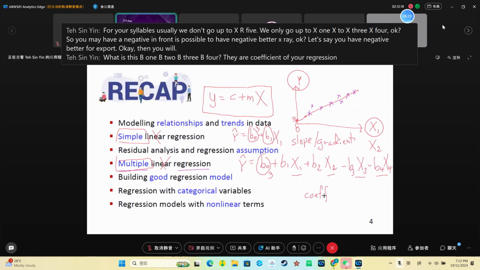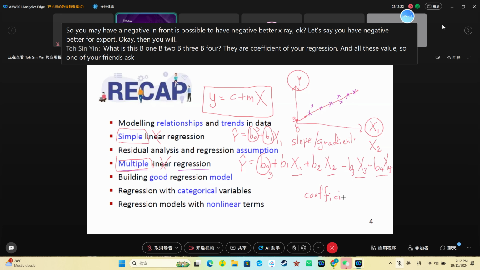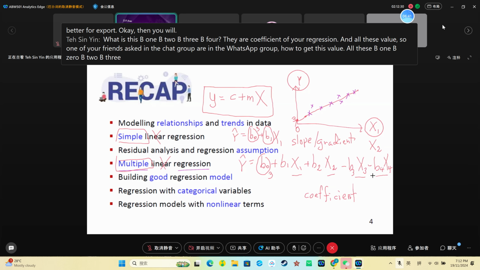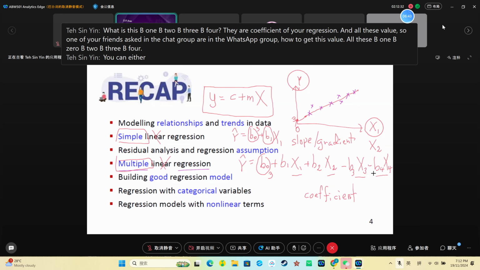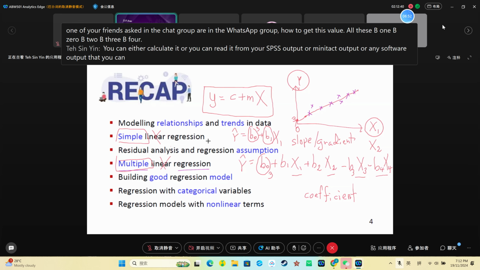And all these values, so one of your friends asked in the chat group, in the WhatsApp group, how to get these values, all these B0, B1, B2, B3, B4? You can either calculate it or you can read it from your SPSS output or Minitab output or any software output that you can run regression analysis. Okay?